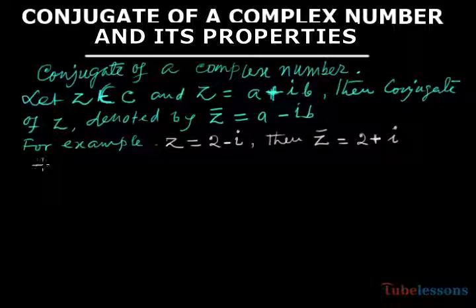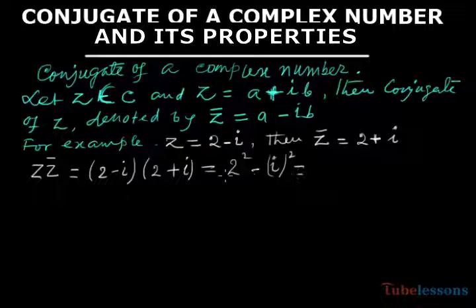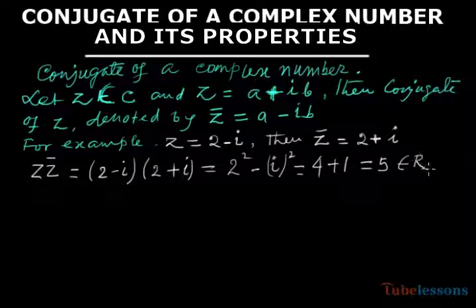Because if you multiply these two, 2 minus i multiplied with 2 plus i, it is in the form (a minus b) into (a plus b). So you can write 2 square minus i square. 2 square is 4, i square is minus 1, and minus of minus 1 becomes plus 1, which equals 5. And it belongs to the set of real numbers.